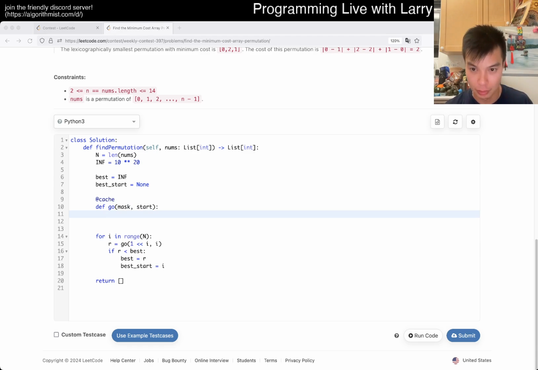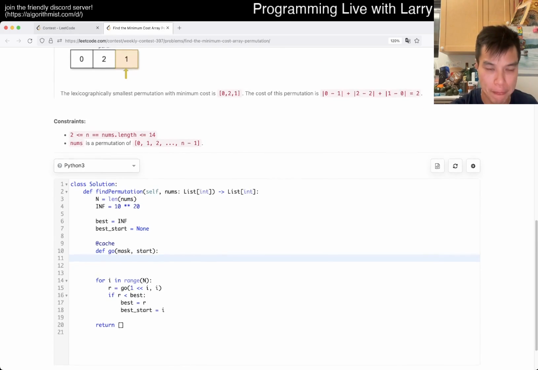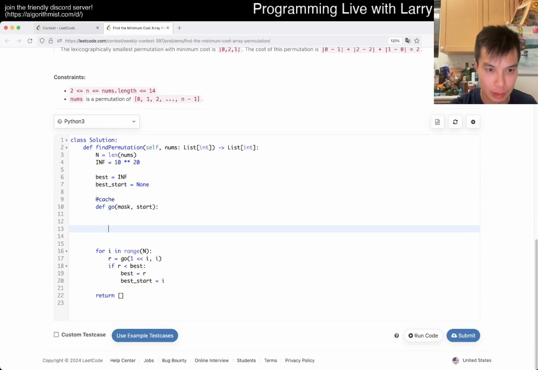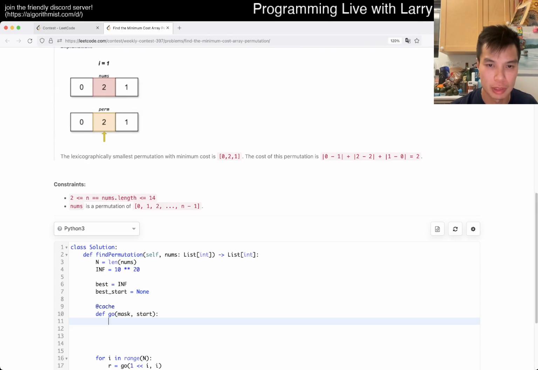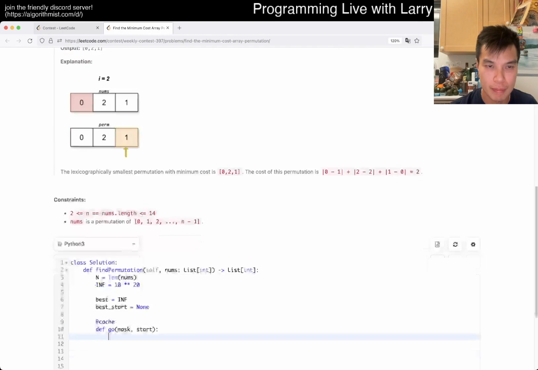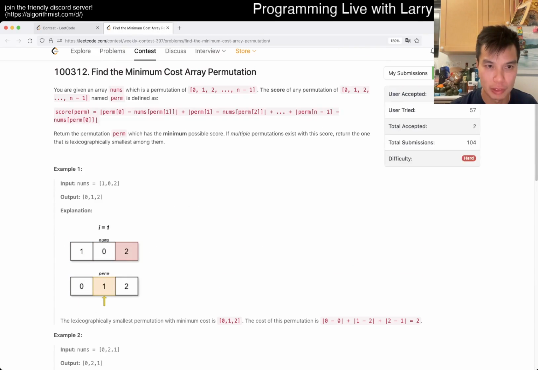Calculating. Oops, 2 to the 14 is 16,000. Okay, so 200 times 14. Okay, that should be okay. Yeah. Okay, so then now without it, we would say. Okay, so this perm 0 is this.